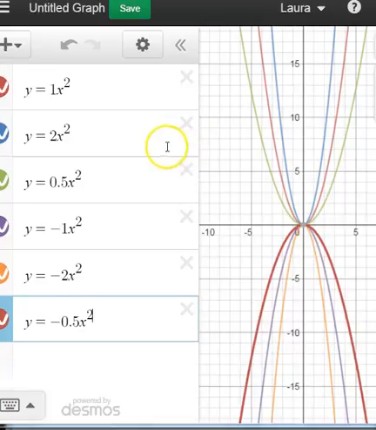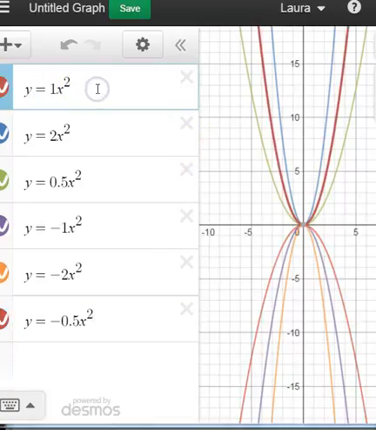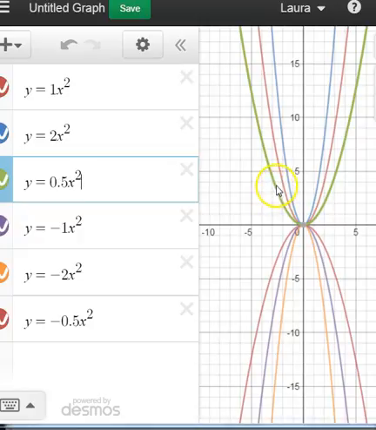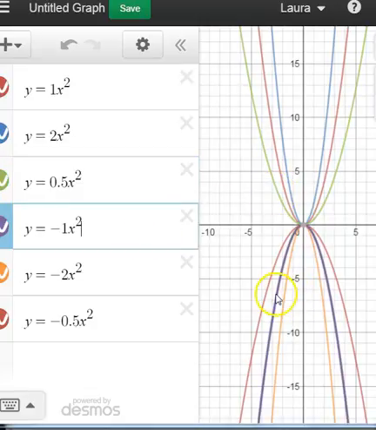Okay, so once again, if you look at all the different graphs, you have the first one, which is that red in the middle. That's the most basic parent function. And then the blue one gets stretched taller because the 2 is a higher number. The positive 0.5 made the graph go on the outside of the red one. It's fatter. The purple graph now is below the x-axis, right?